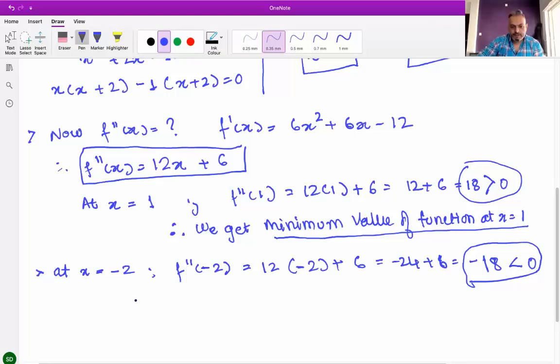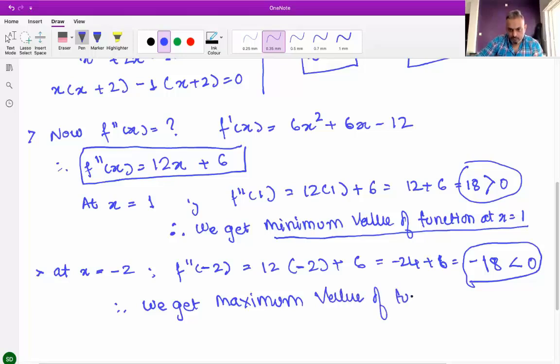Minus 18 is less than 0. So we get the maximum value of the function at x = −2.